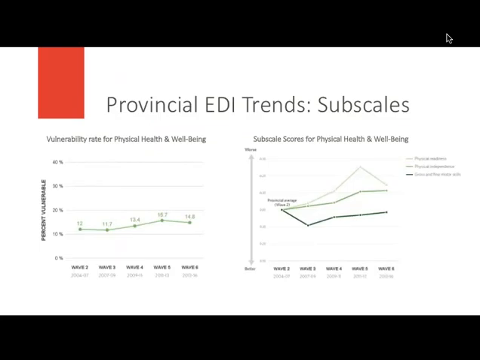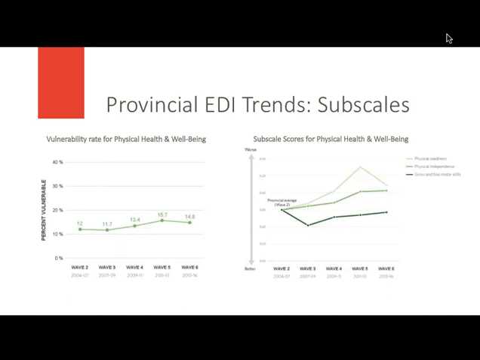So we're going to look at the provincial trends in the scale, which is on the left, and the 3 subscales, which is on the right. A lot of you know this already. This is for physical health and well-being. The vulnerability rate started off around 12% and it's been rising over the waves.